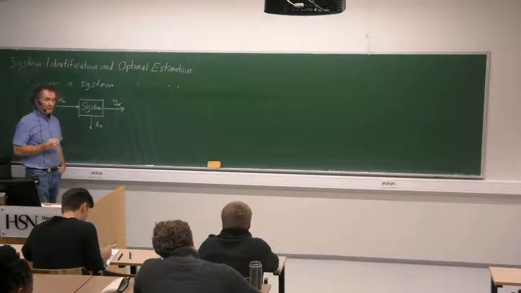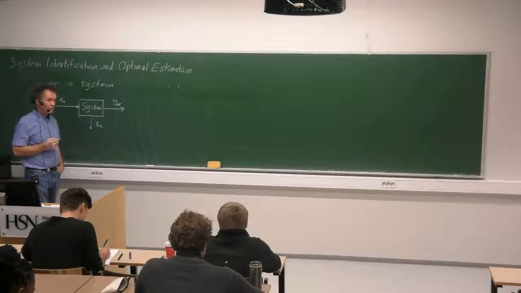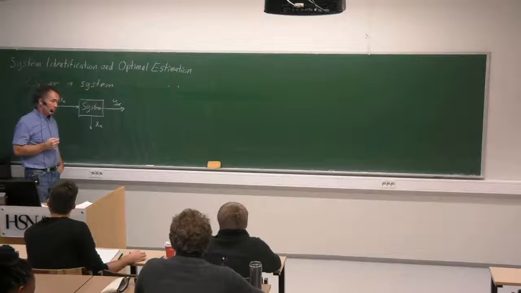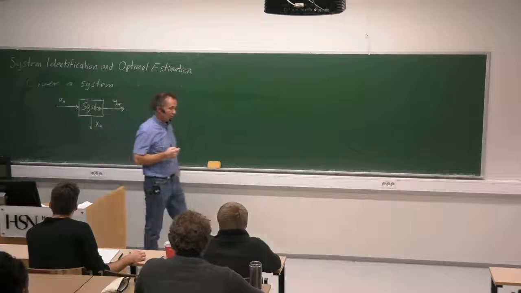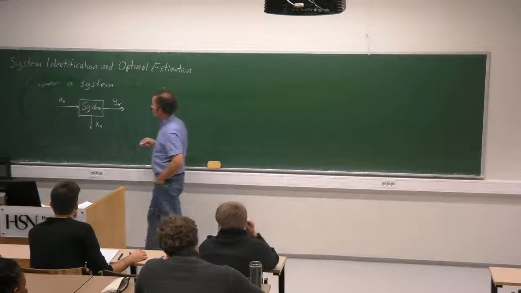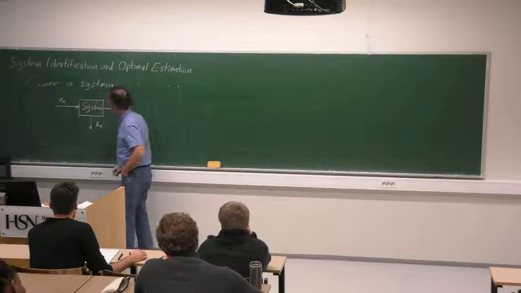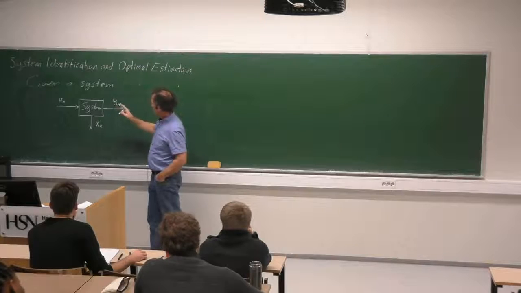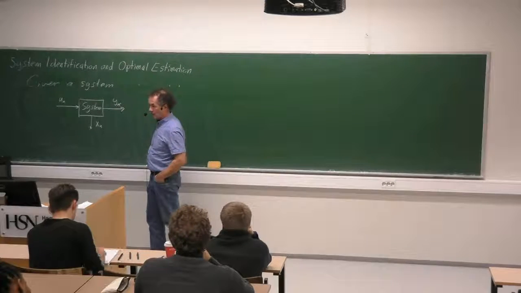We may have noise influencing the system, but for the first time I will not treat noise. But if we have inputs, we have some arrows up here. The inputs and outputs, u and y, may be vectors.